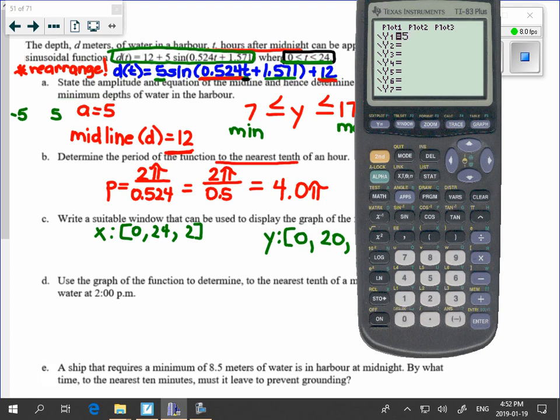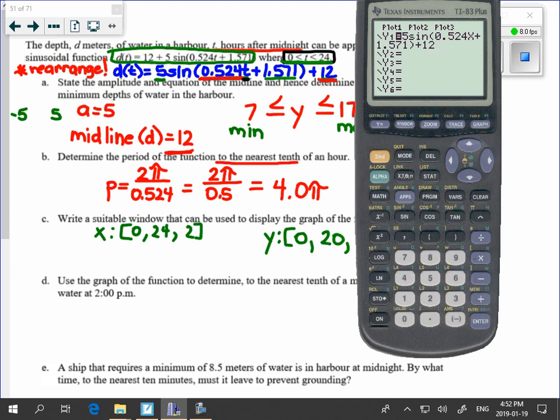So this will be y equals 5 sine, and then the bracket, 0.524, t, I'm going to use x because I don't really have a t there, plus 1.571, and then close your bracket, plus 12.